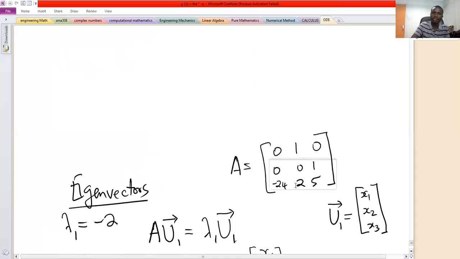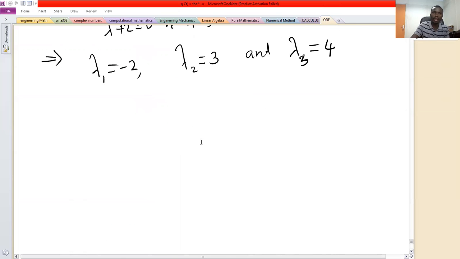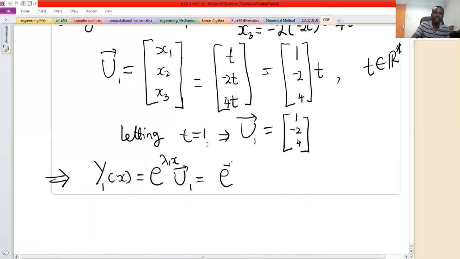This vector was for lambda 1, which is negative 2. So we have e to the negative 2x times 1, minus 2, 4.